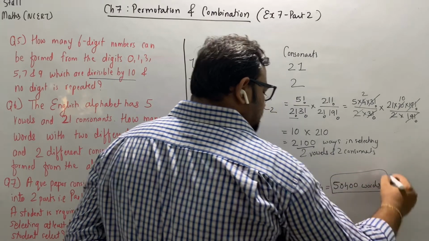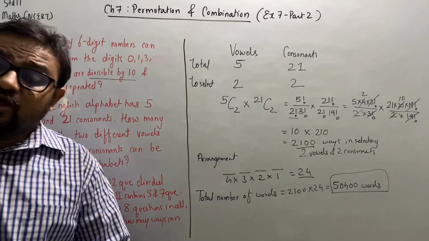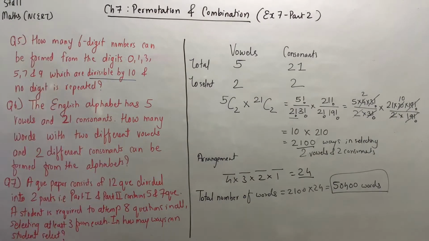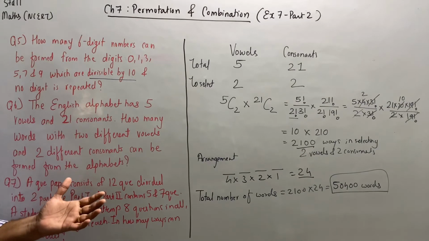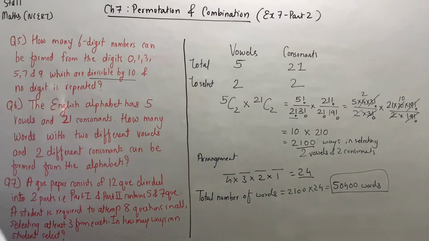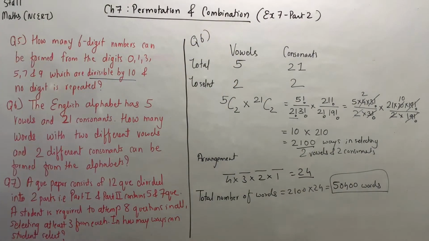So 50,400 words can be formed using two consonants and two vowels from all the alphabets. Okay, 50400 words. So just note down this question number 6.